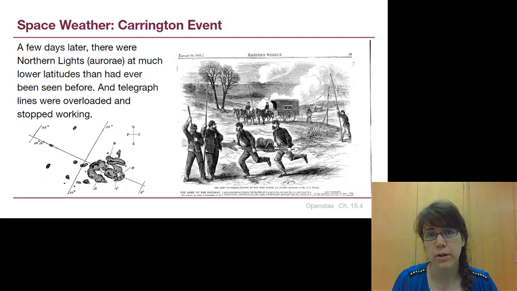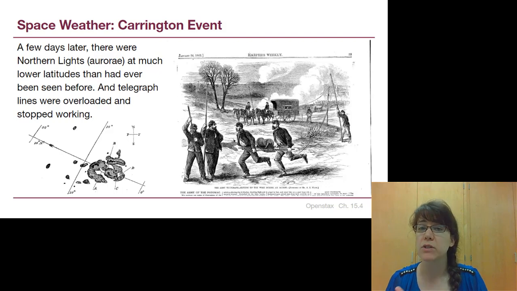The flare that Carrington saw was in an active region where, at the same time that flare was produced, a huge coronal mass ejection was created, and it was aimed straight at Earth.